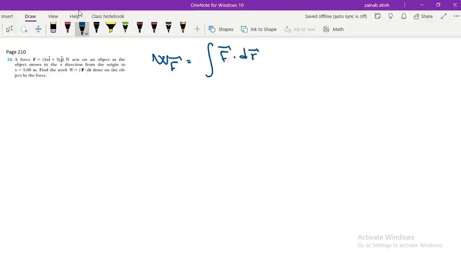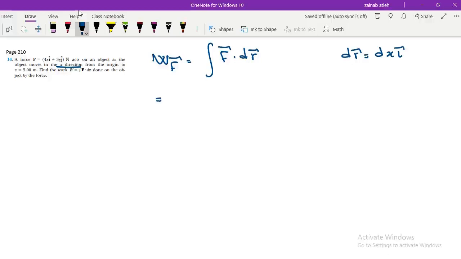He said that the motion is in the x direction, so dr is equal to dx i. There's no dy, no dz, it's only moving along the x-axis.